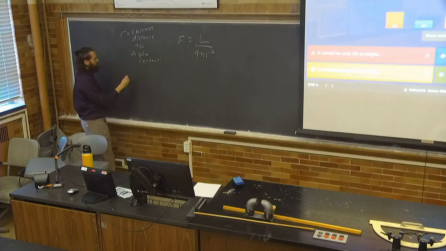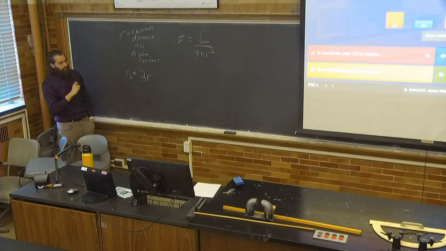And we want to see what happens if we set R2 equal to 3 times the current distance to Alpha Centauri.